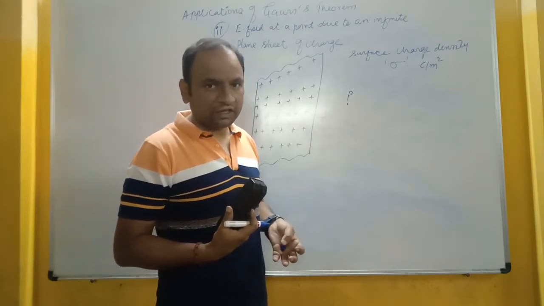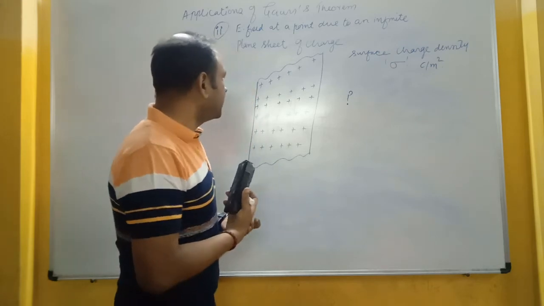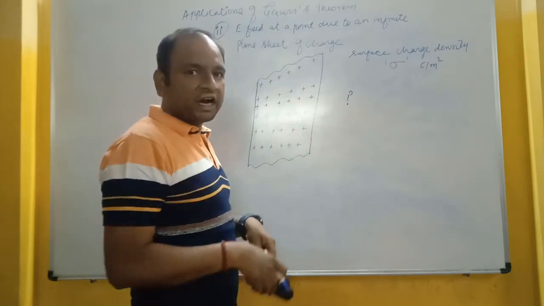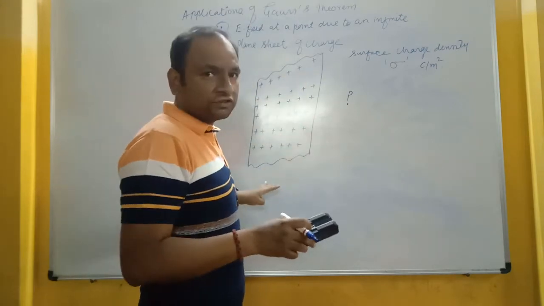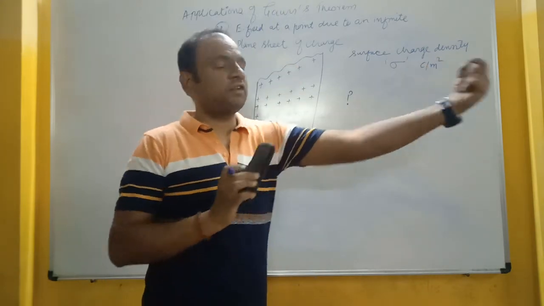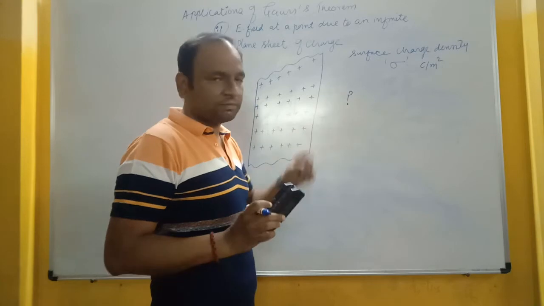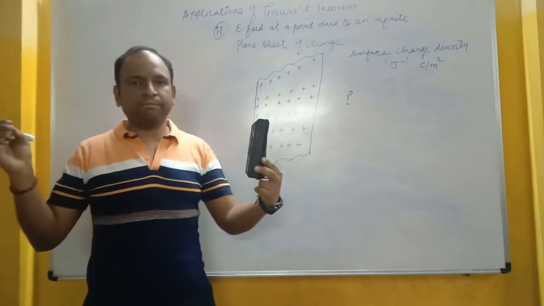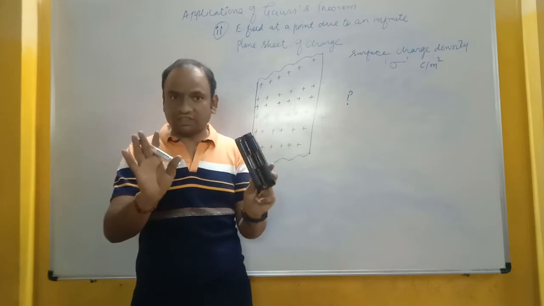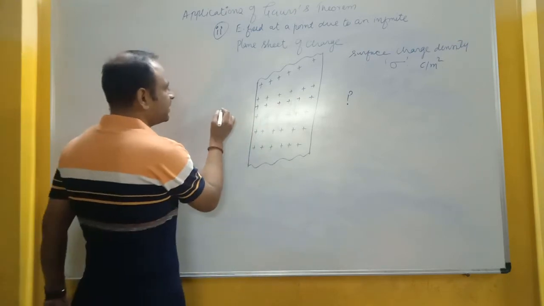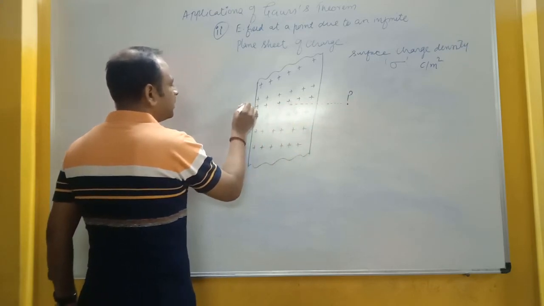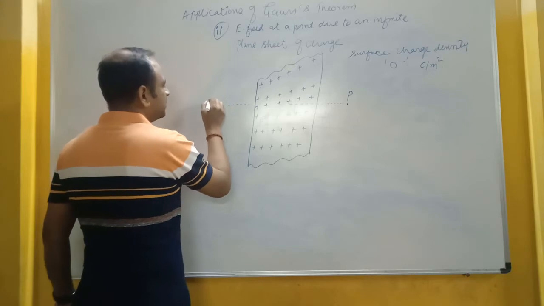Now for doing that, I consider another point right behind your infinitely large plane sheet of charge. This point P is in front of the sheet at a distance R, and if I consider another point P dash behind that infinitely large plane sheet of charge at the same distance, somewhere here.